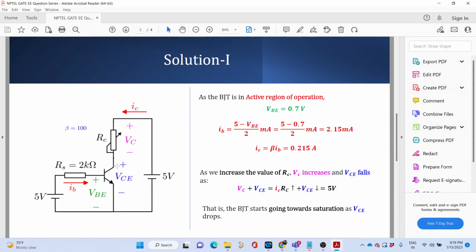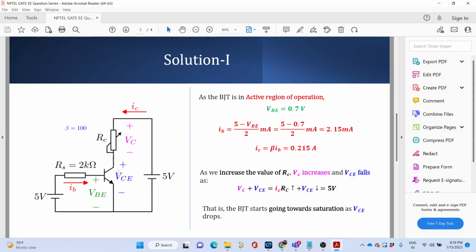Because IB is almost constant, so for it to act as a switch, VC must be around 0.